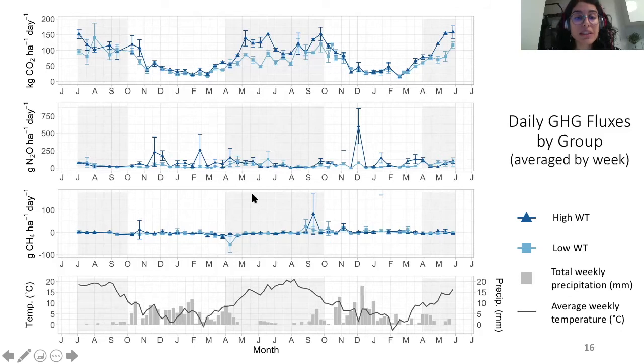And then for methane, we see that there's some consumption happening and some other spikes, but generally emissions average around 0.